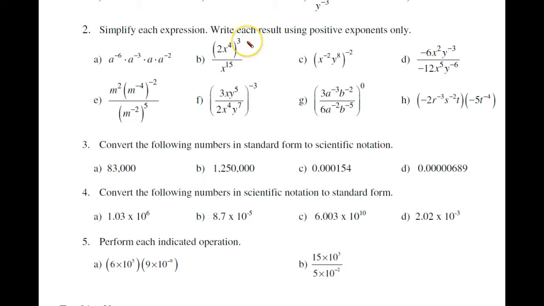So let's do that. So what I did is I took the reciprocal of this, just flipped it, and now my exponent is 3. And that might be a little convenient.